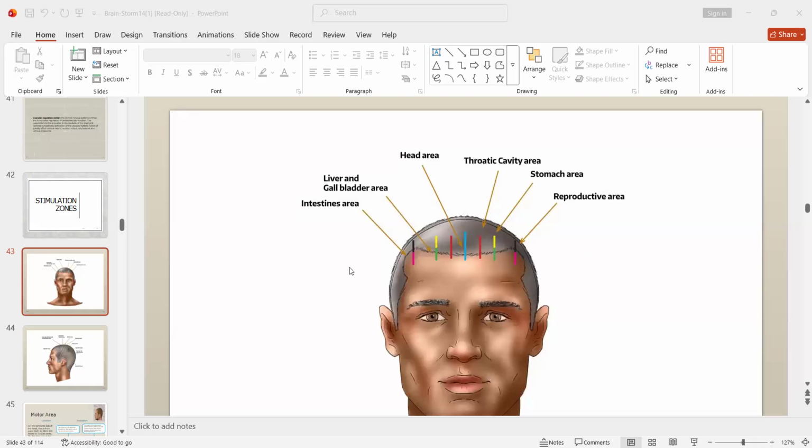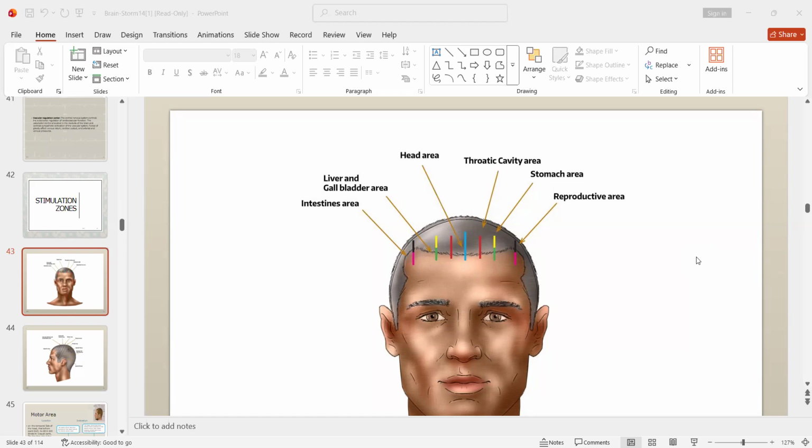It is 2 centimeters directly above the center of the eyes, in yellow color. It is used for stomach problems, gastritis, and all types of stomach problems. You can use this.